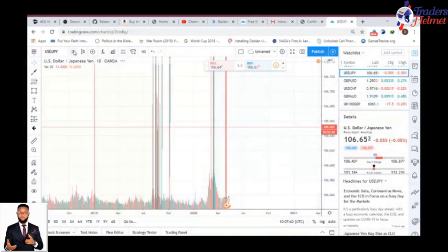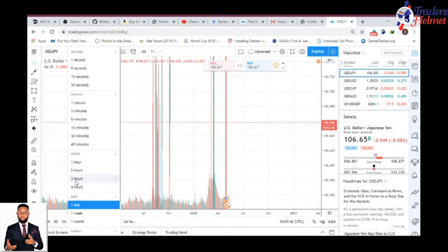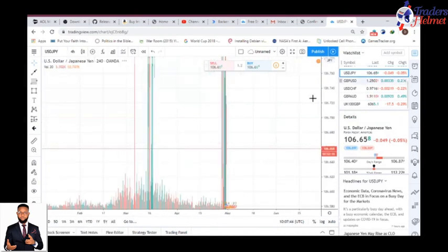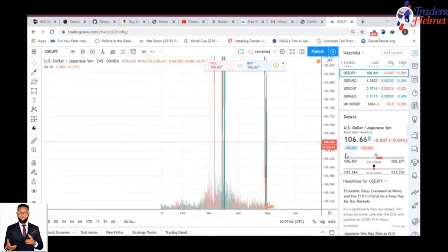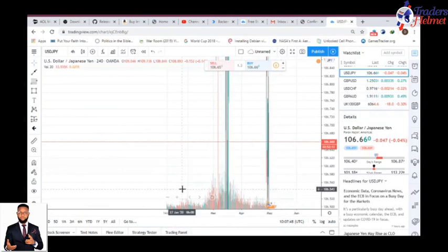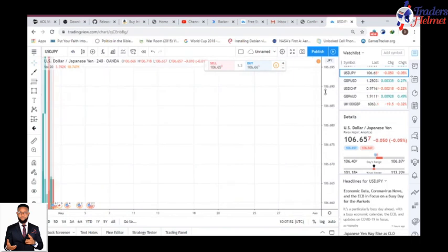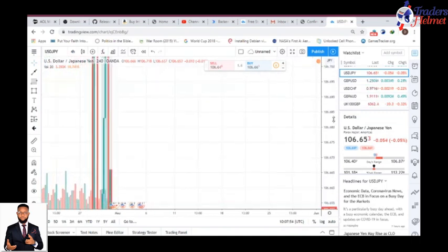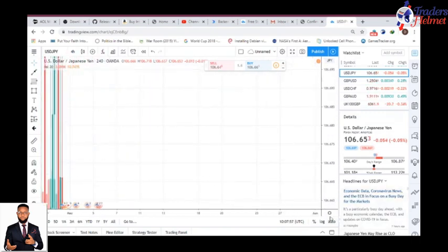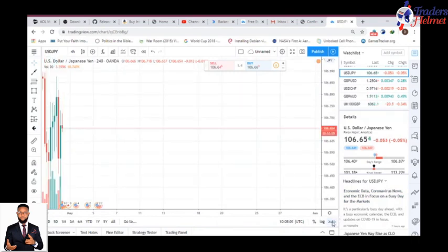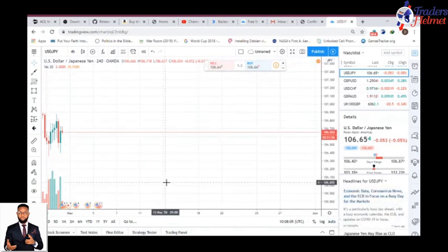Basically, I use the 4 hours time frame to do my chart. So okay, this is USD JPY. This is my favorite pair.